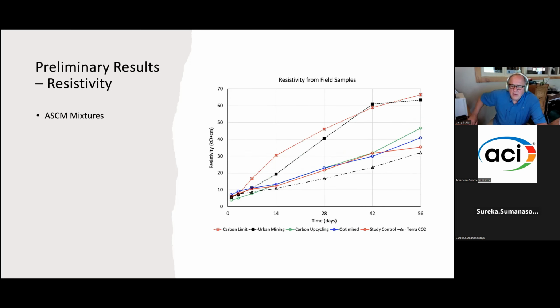When we get to the alternative SCMs, we see what, on first appearance, you look at the urban mining, the glass and the carbon limit, you look at the high resistivity, and I think that in fact part of that is true, but I also think part of it might be that this is field data that wasn't corrected for the pore water chemistry, pore fluid chemistry, which can affect the resistivity measurements.